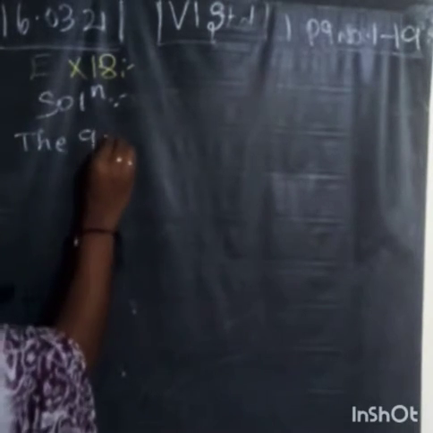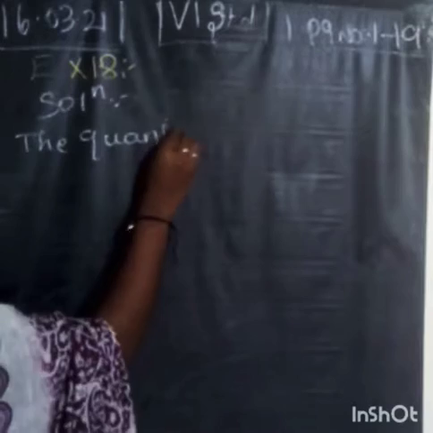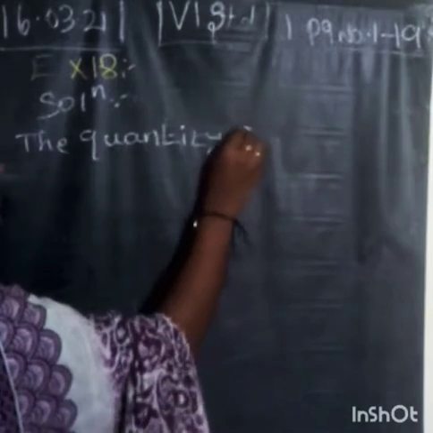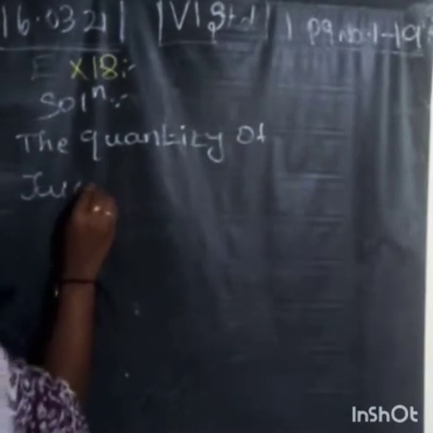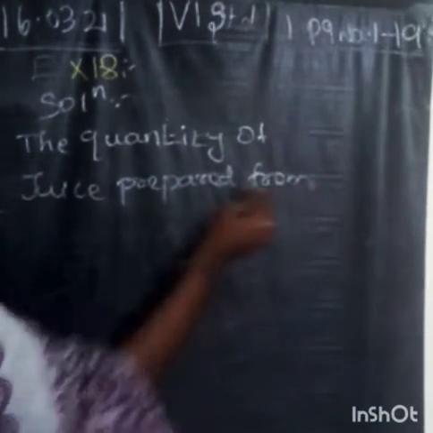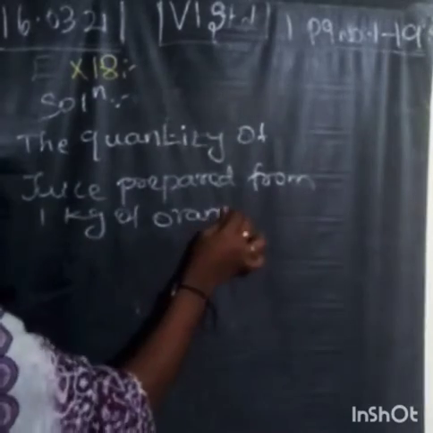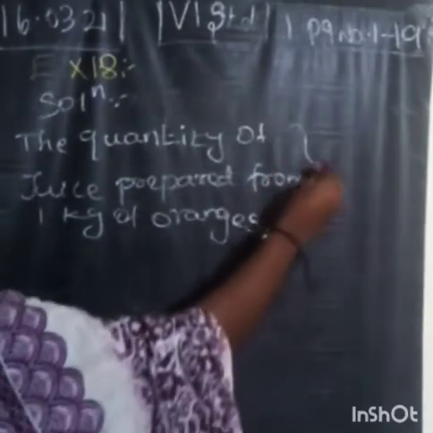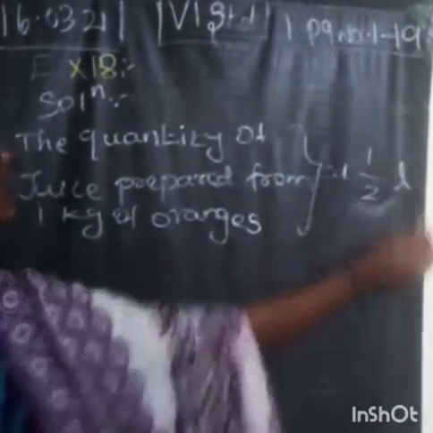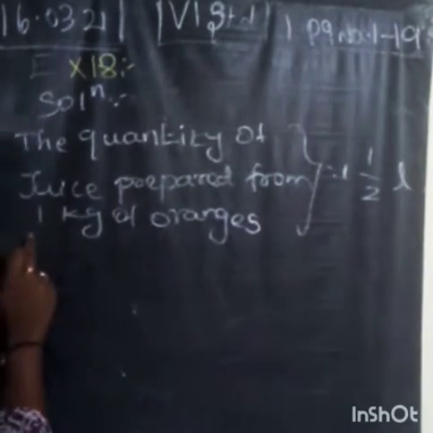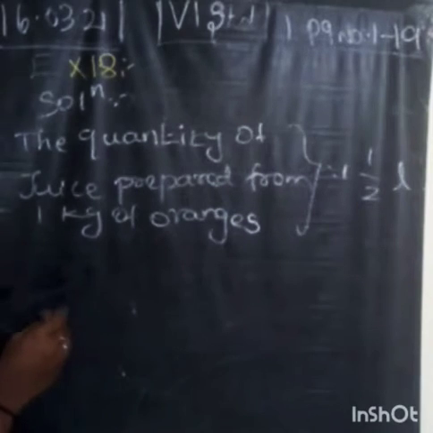So the quantity of juice prepared from 1 kg of oranges is 1 1/2 liters.